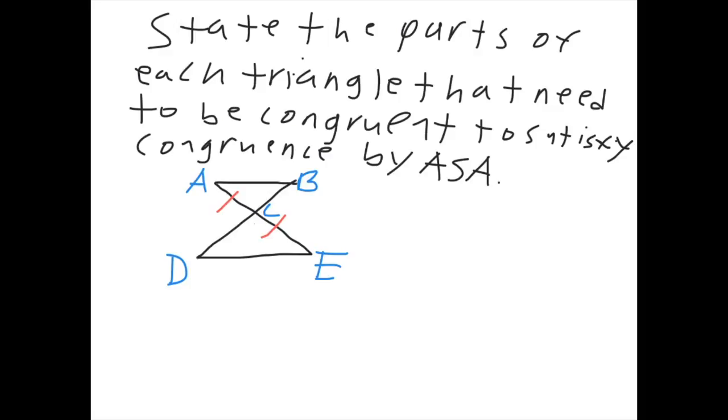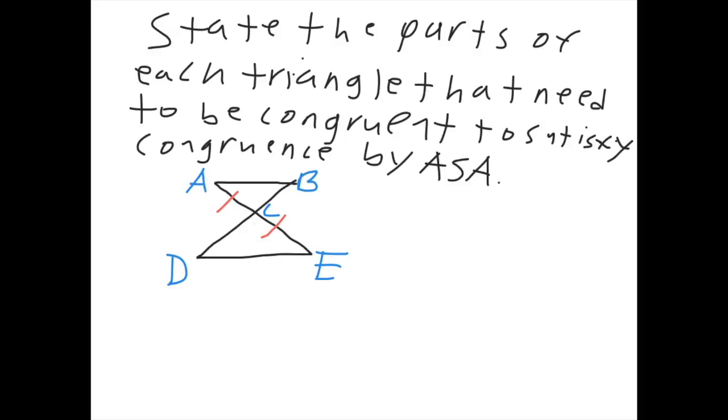So here it says, state the parts of each triangle that need to be congruent to satisfy congruence by ASA. So we're looking at two triangles here, and we want to know, in order for these triangles to satisfy congruence by angle, side, angle, what other parts need to be congruent to each other?